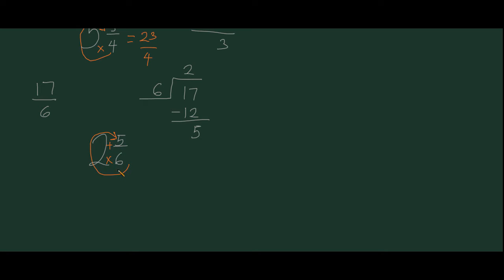So this will be 6 times 2, 12. 12 plus 5, that will be 17/6. So we can see that we're still going to get the same thing. It's very simple. Let us look at another example again on improper fraction.